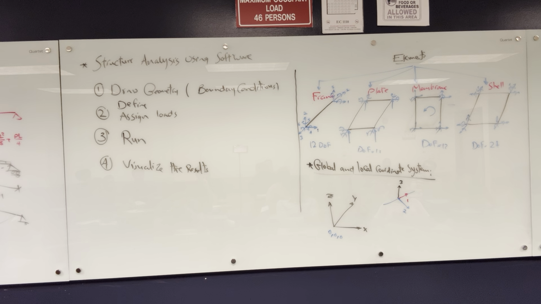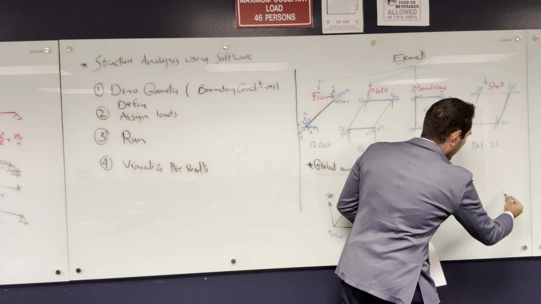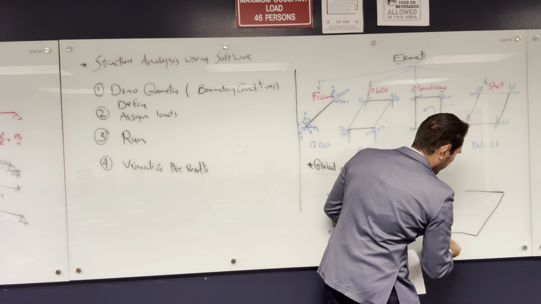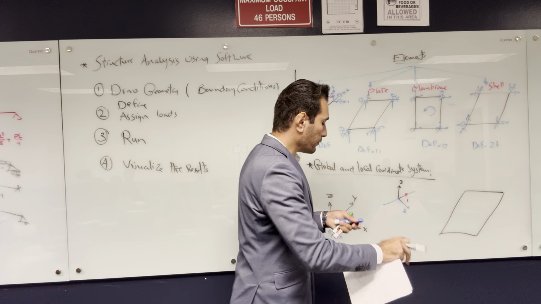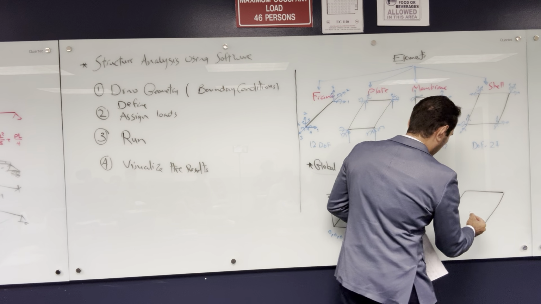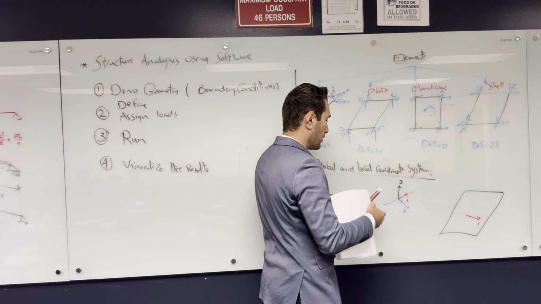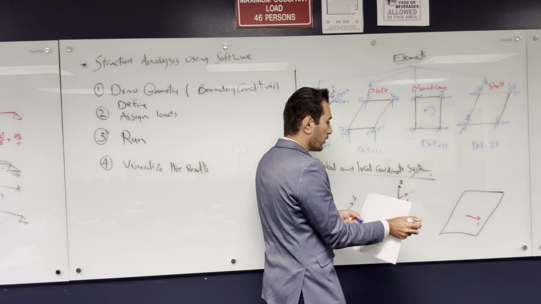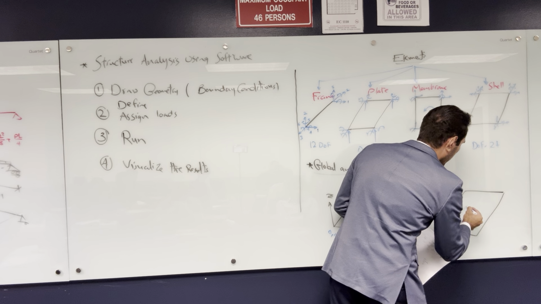So that is about the local axes. Let's put the local axes for the plates or the shells or the membrane. Let's say my shell is something like this. So the local axes, you're going to have 1, it's usually in the X direction, and then you're going to have the green in the Y direction, going up.